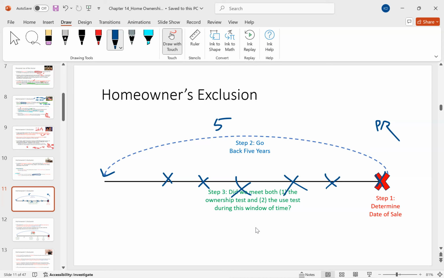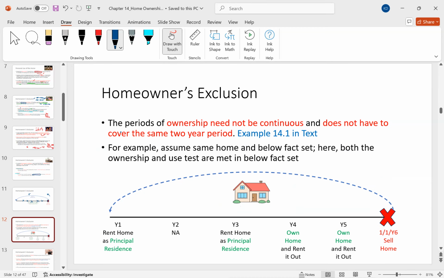But it does get a little bit more complicated when we rented it out some of that time. One of the things to be aware of here is that it is 2 different tests, own test and use test. When we're talking about the ownership test, it does not need to be continuous, and it does not have to cover the same 2-year period. So for example, assume the same home in the below fact set.